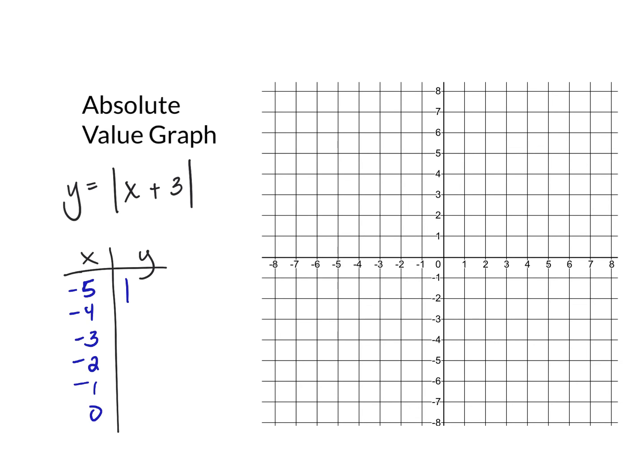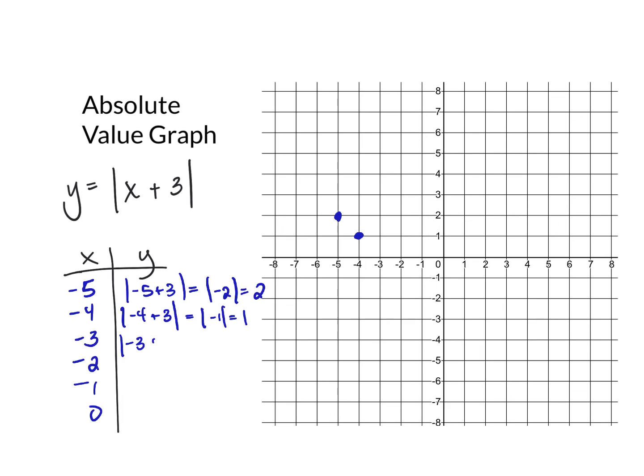If I do the math here, it's going to be -5 plus 3, which is equal to the absolute value of -2, which is equal to +2. So that's the point -5, +2. Do that with -4, so -4 plus 3 is going to give me -1. Still haven't taken the absolute value. Now I take the absolute value to get 1. So -4, 1.